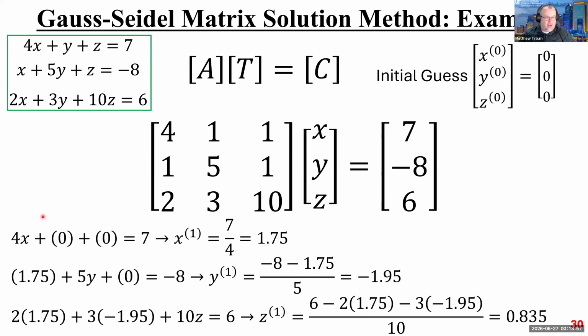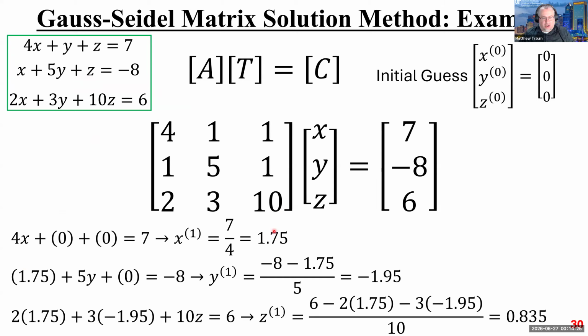So I've got, for the first equation, 4x plus 0 plus 0 is equal to 7. And if I solve this, I get x associated with my first complete iteration as 7 over 4, or 1.75. Hopefully that wasn't too fast. Let's do it for y. So here's the y equation: x plus 5y plus z is equal to minus 8.